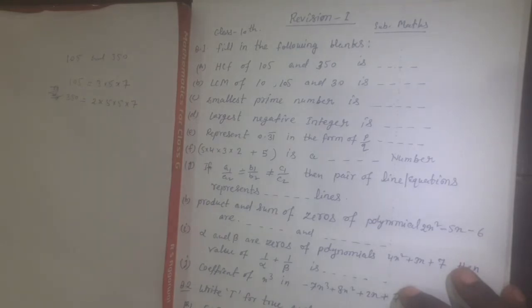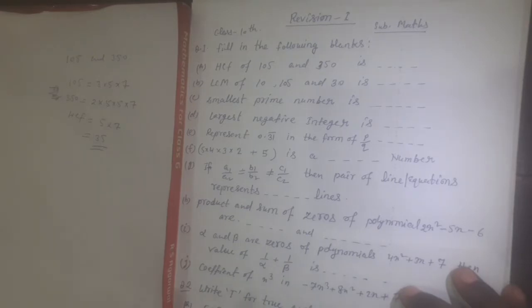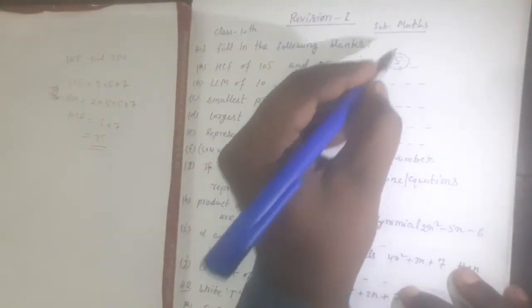Now, what is common here? HCF is the highest common factor, so which factors are common? One 5 is here and one 5 is here, so 5 is common, and 7 is common. So 5 times 7 is 35. So the right answer is 35. That is what you fill in. Okay, moving to the next.